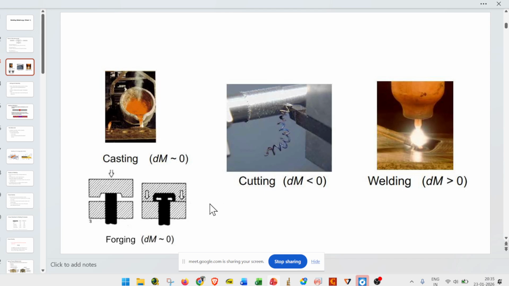These are the mass conversion categories we have discussed. In casting and forging, there is no change in the mass. In cutting and machining, we remove material to get the final product. In welding, we are adding material to join them and get the desired shape.